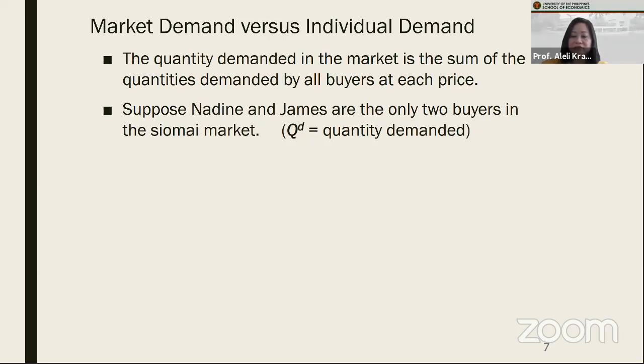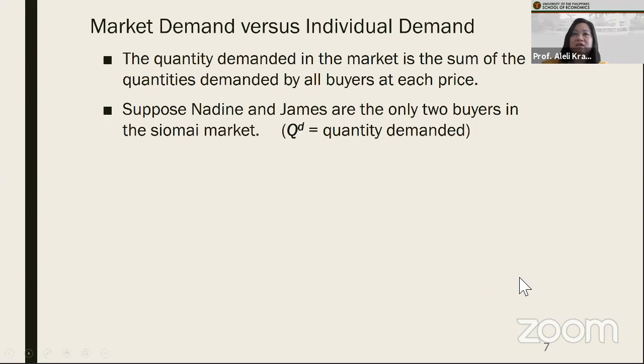So on a graph, it is the horizontal sum of all the individual demand curves. So suppose that you have two individuals in this market. Of course, again, for simplicity, we just have two buyers. But note that when we assumed earlier that there's perfect competition, we assume that there are many buyers. Again, for simplicity, we'll assume that there are only two buyers in the market.